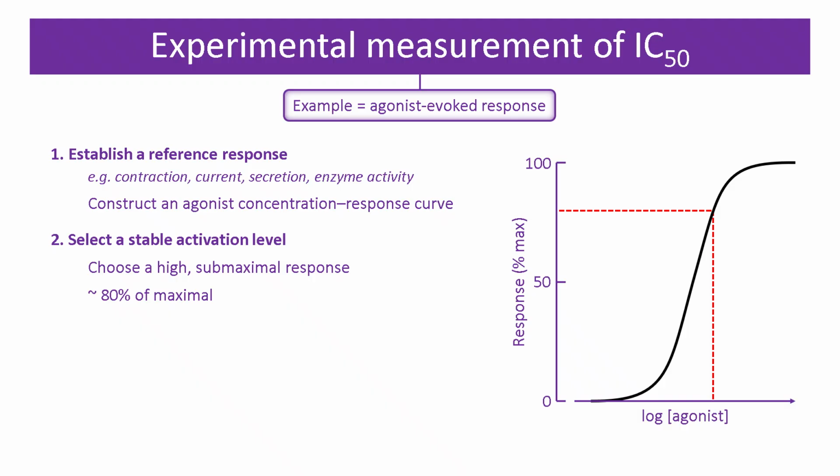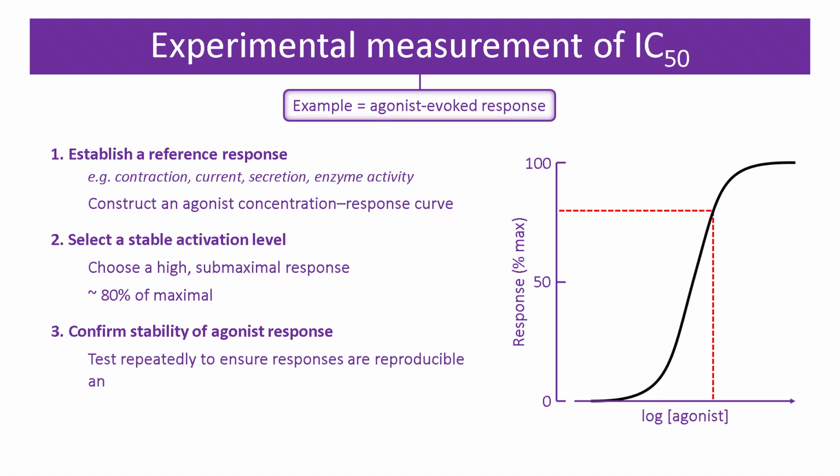The stability of this response must then be checked by repeating the measurement over time. This ensures that any subsequent decrease reflects the action of the antagonist rather than experimental variability. In this way, a consistent reference or control response is established against which antagonist potency can be assessed.